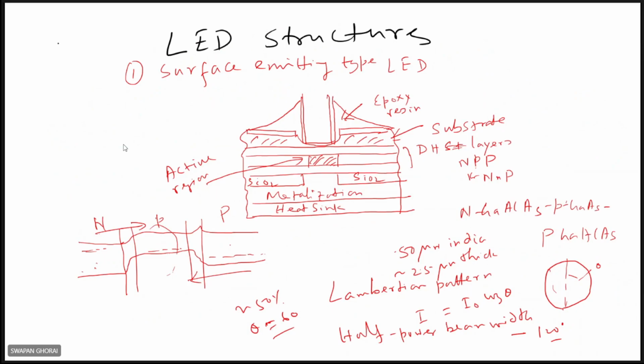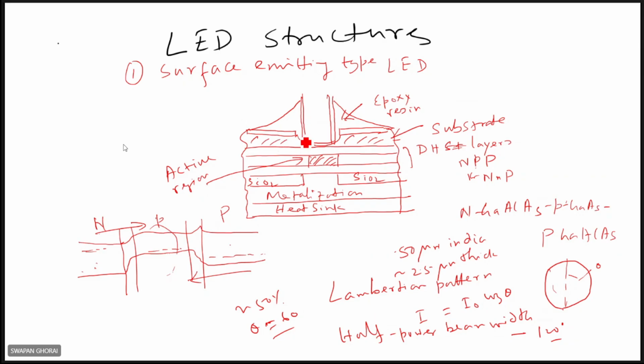Okay. So now see the actual structures that are used for fabrication of LEDs. One is, as I mentioned, the surface emitting type LED, and the other is the edge emitting type LED. In the surface emitting type LED, you can see it here. This is the substrate.